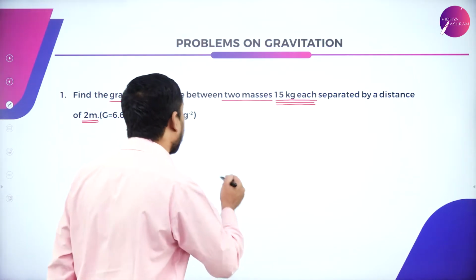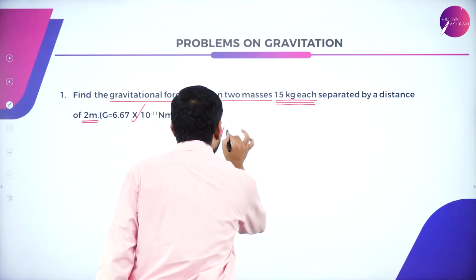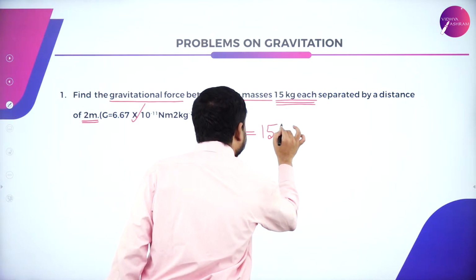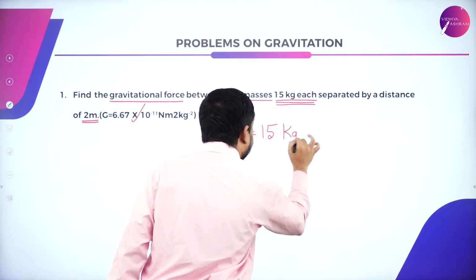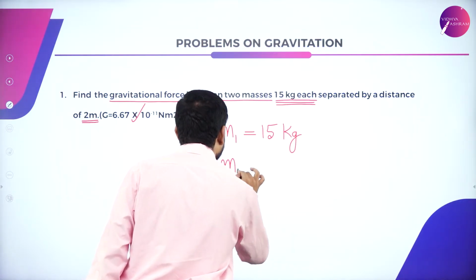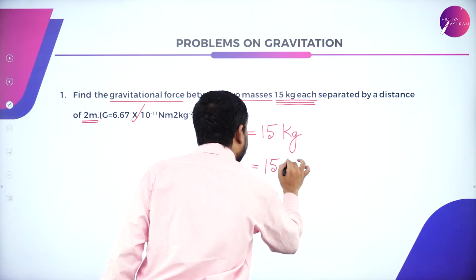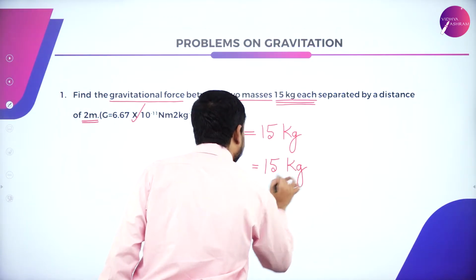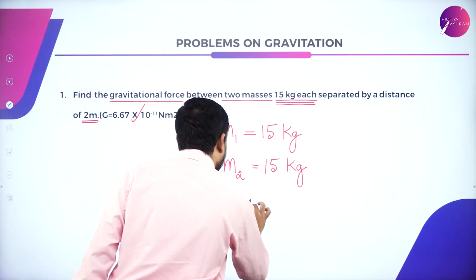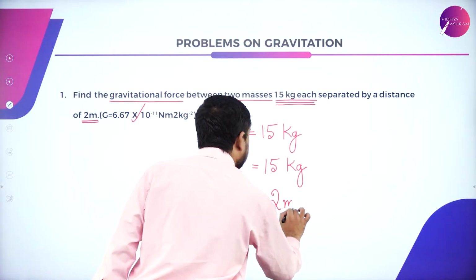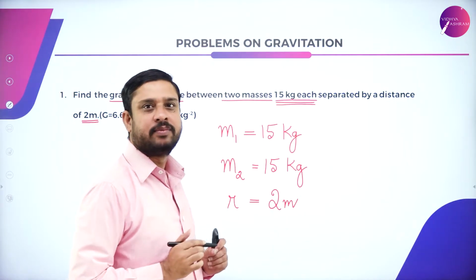collecting the data, M1 equals 15 kg, M2 is again 15 kg, and the distance of separation is 2 meters.